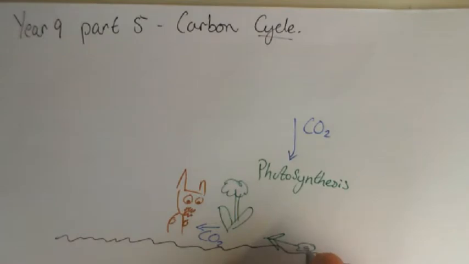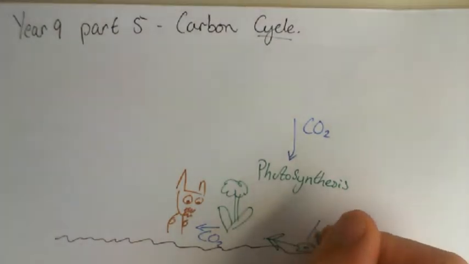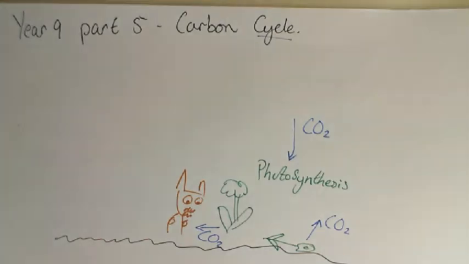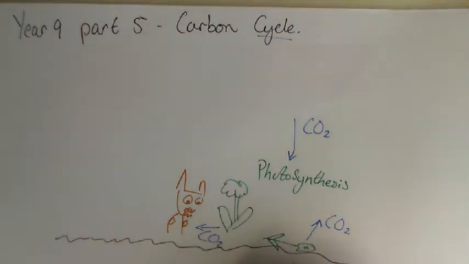And then when it died, that carbon is released as carbon dioxide, because instead of getting eaten by an animal, it gets eaten by something else, and the something else is a microorganism, usually bacteria.